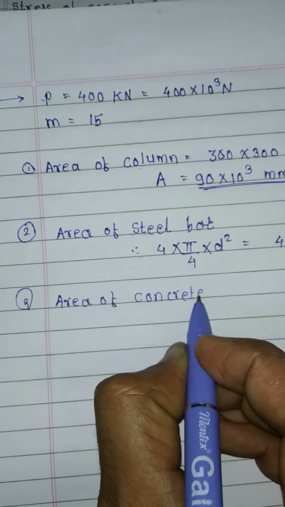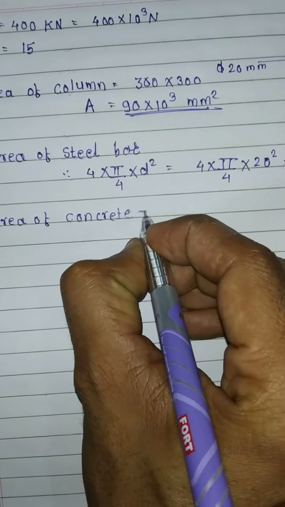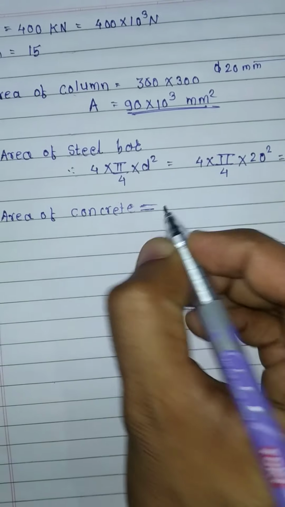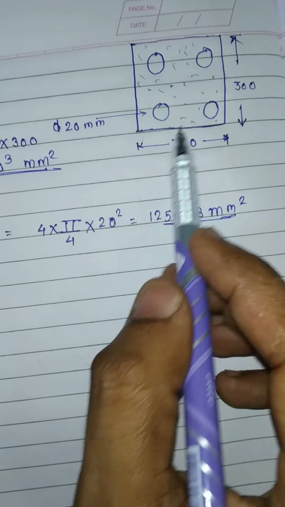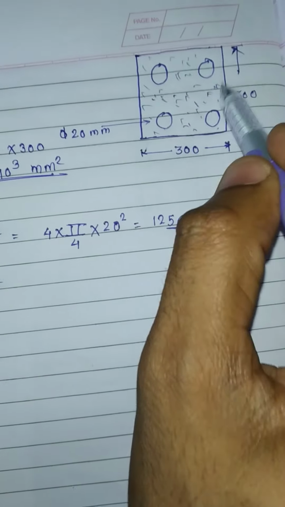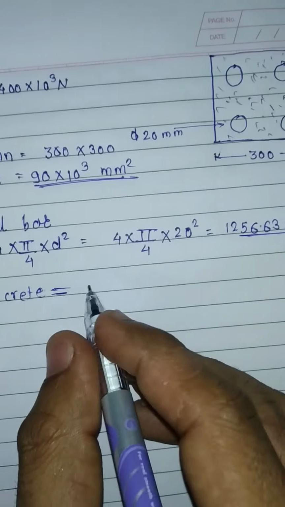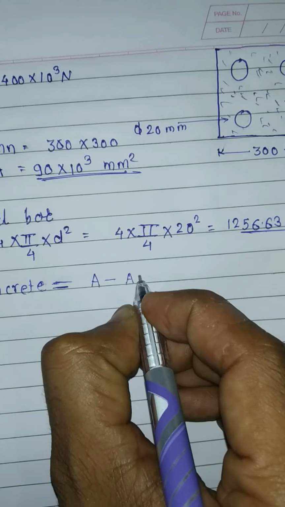Third one is area of concrete. Area of concrete is total column area minus steel, that is, we have to calculate how much quantity of concrete is filled here. The formula is area of column minus area of steel.